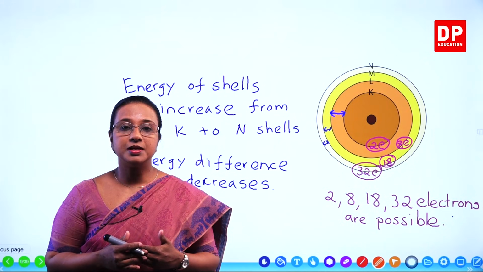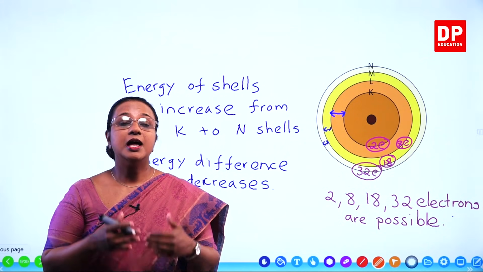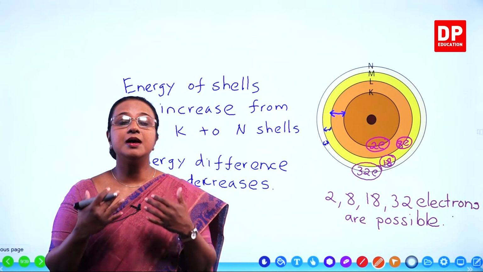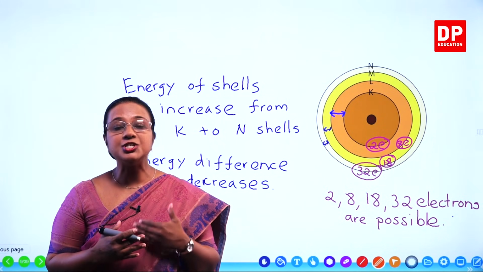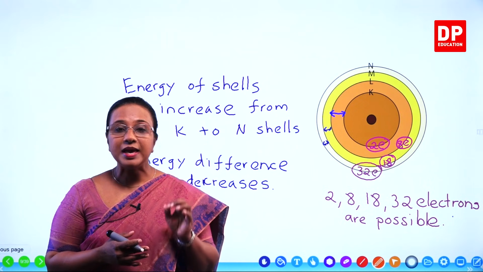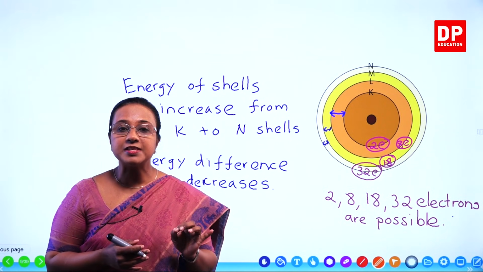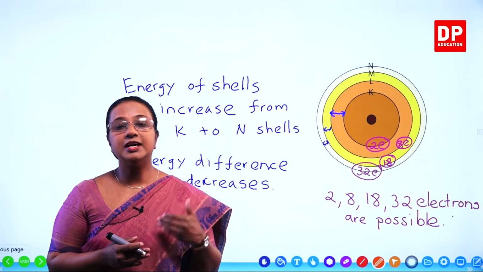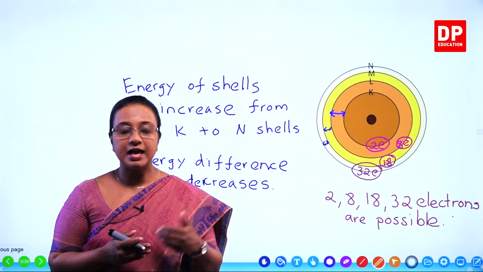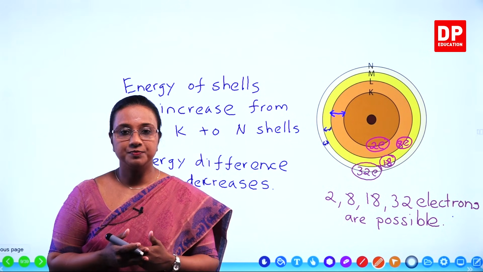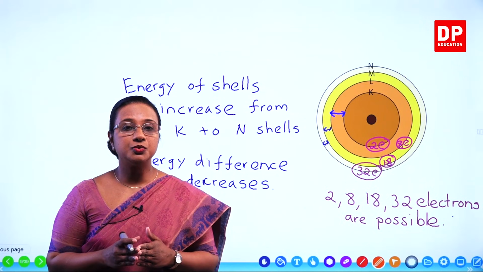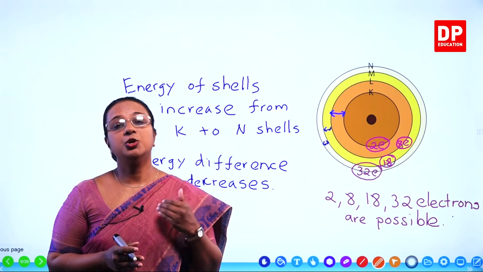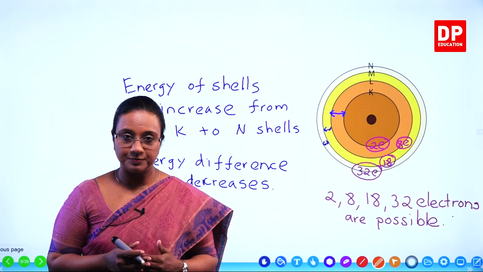That is possible because of the different number of subatomic particles present in each atom. Based on that, atoms have unique properties called the atomic number and mass number. And out of these two, atomic number is very specific to each type of atom.